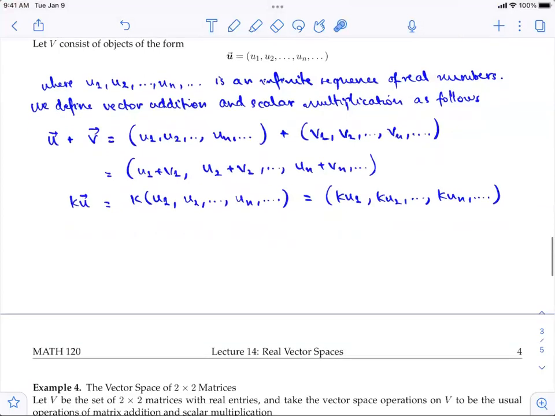And we call this particular set V closed under vector addition and scalar multiplication.